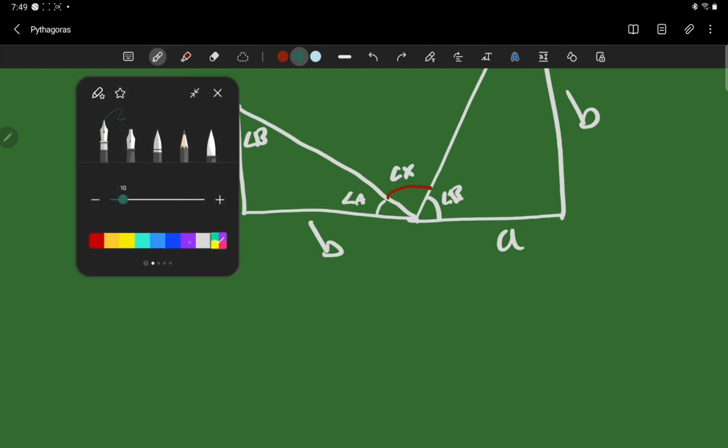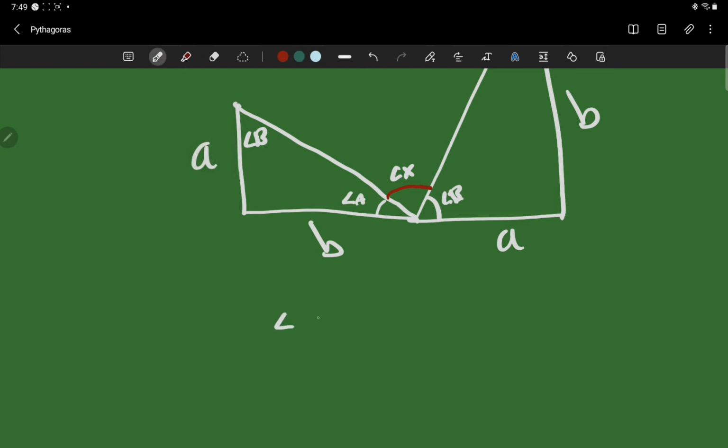So we can say that angle big A plus angle X plus angle big B is equal to 180 degrees. Right, those are just supplementary angles.